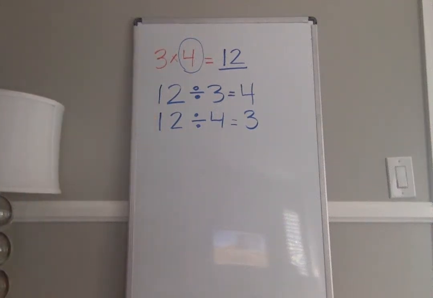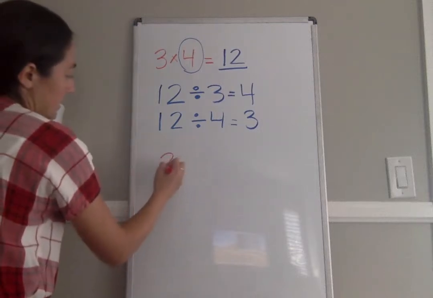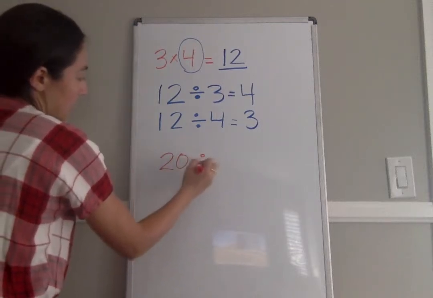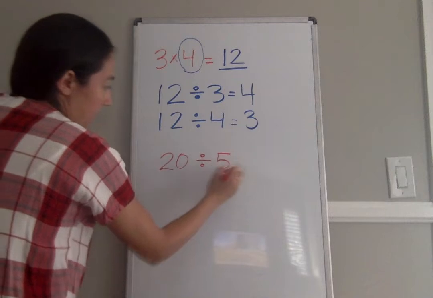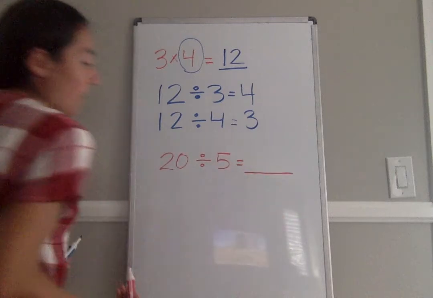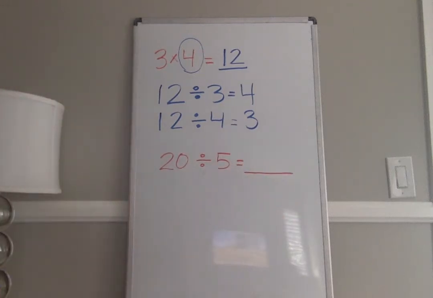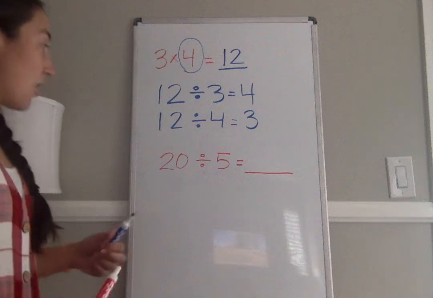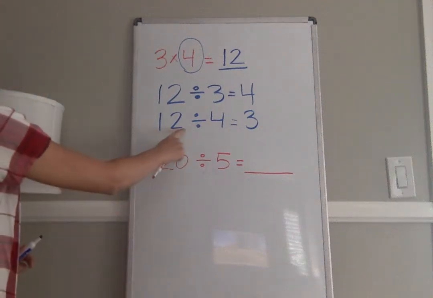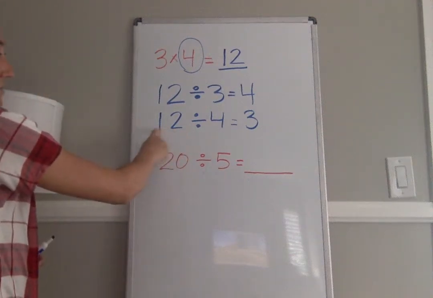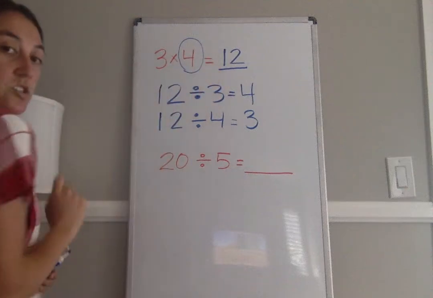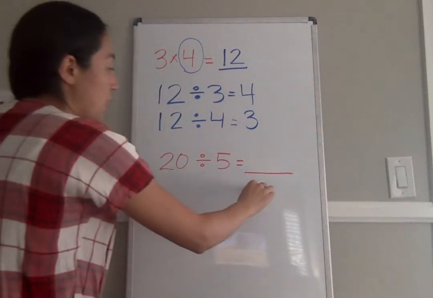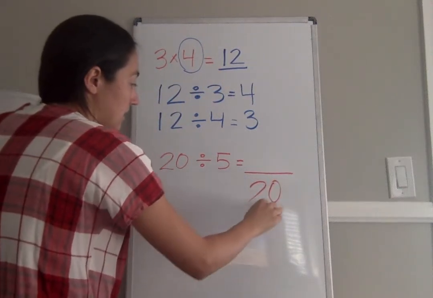But if we were given a division problem, let's say 20 divided by 5 equals what? And we needed to figure that out, but we didn't know how to solve this problem. We could flip this problem to multiplication. So, just like your biggest number here in division was the answer to a multiplication problem, you are going to write that.